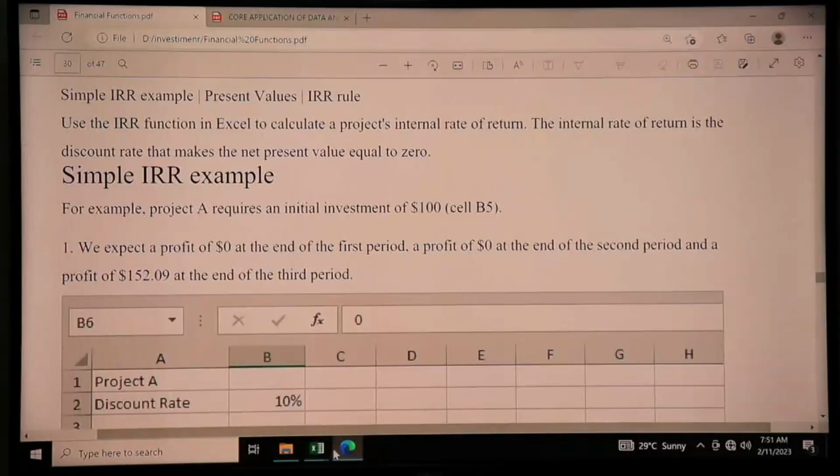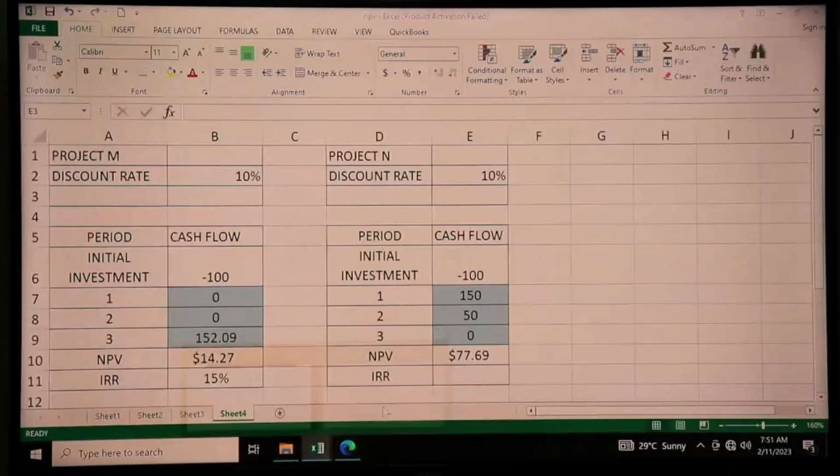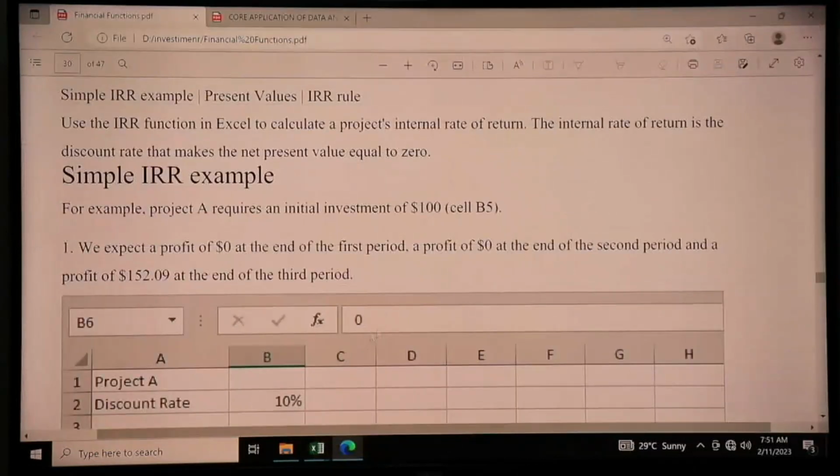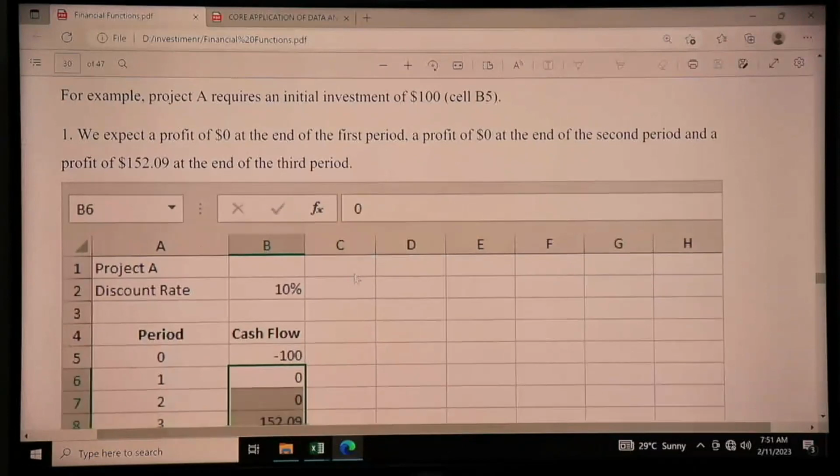That is what we have seen in our example here, that we invested this amount. The first return of our project is 0, the second is 0, then the third one is 152.09. That is at the end of the third period.